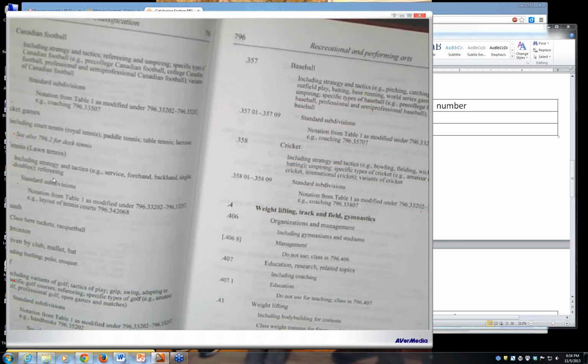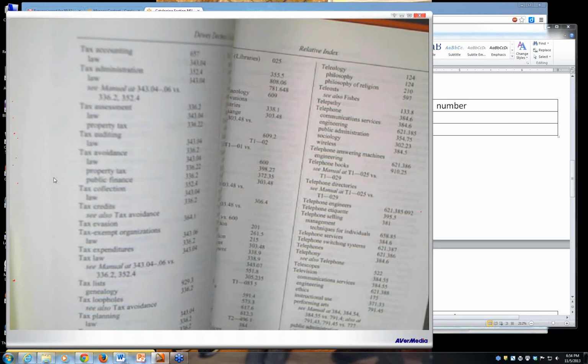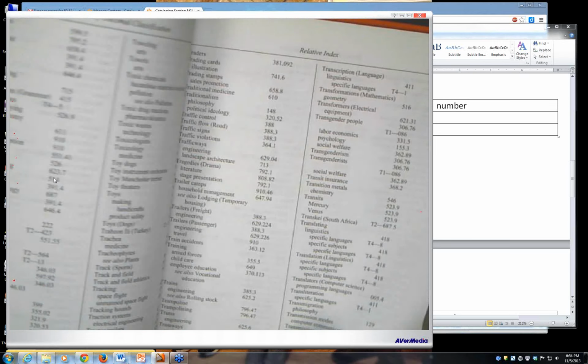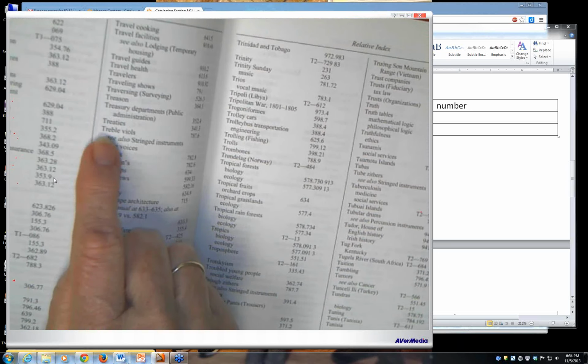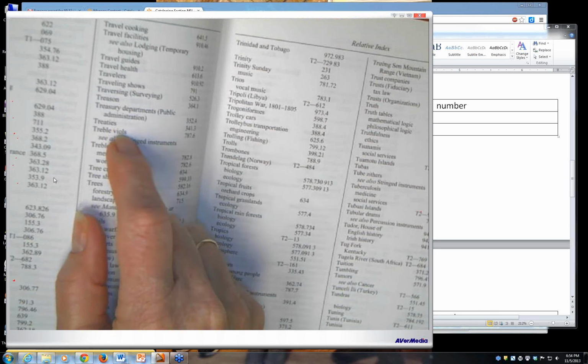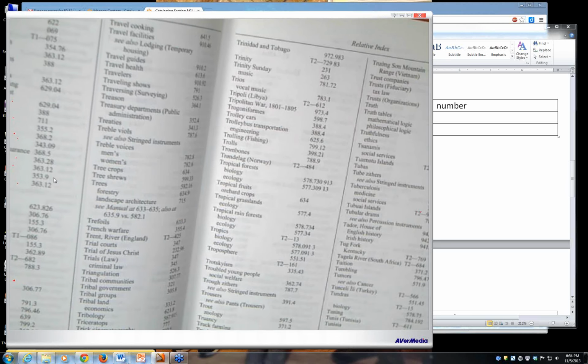Okay, let's go back to Sears. Go back to the relative index. Let's try treatment of alcoholism. See if it's there. Treatment of alcohol abuse. Okay, treatment would be right here. It's not here. Treatment is not here, so we're going to have to go with alcohol abuse.